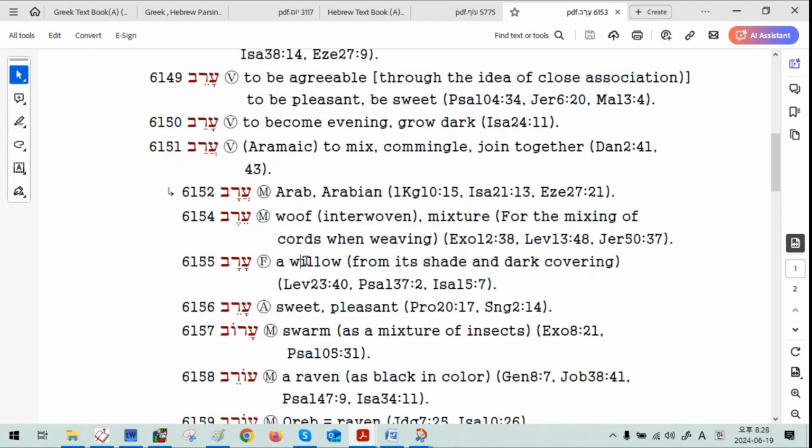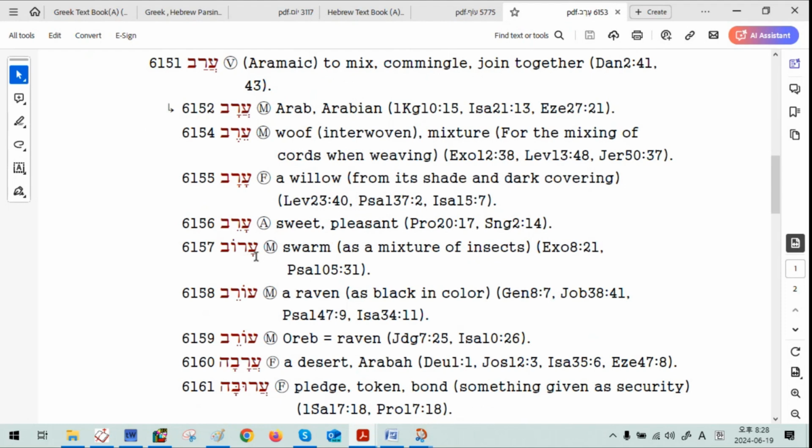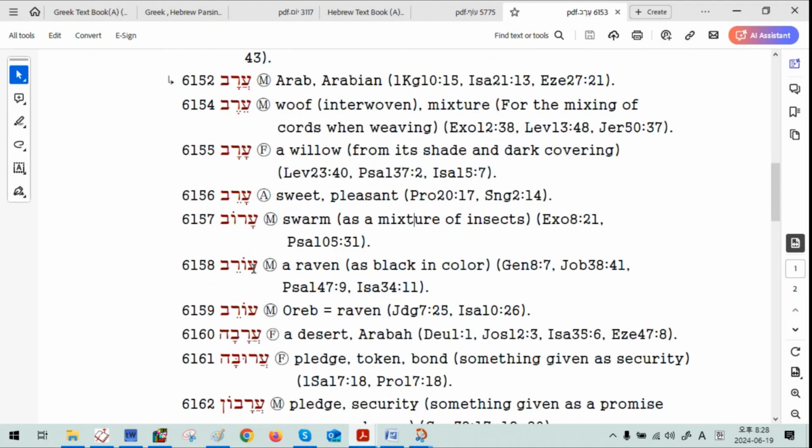And then Arab is the willow. And then Arab is the sweet and pleasant. We just looked at that. And then Arob is the swarm, as a mixture of insects. And then Oreb is the raven. That's why the raven keeps on flying until the water is fully dried up in the days of Noah, right?